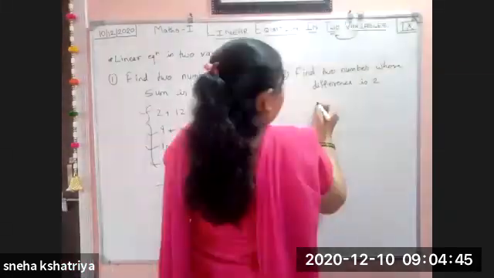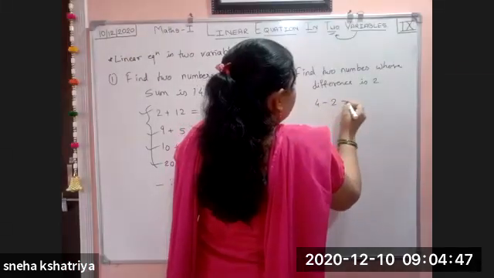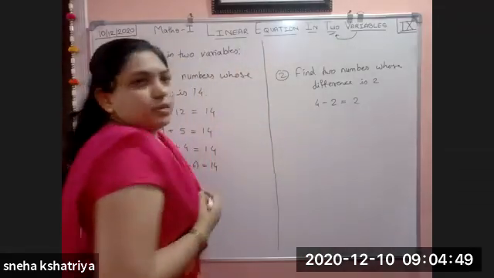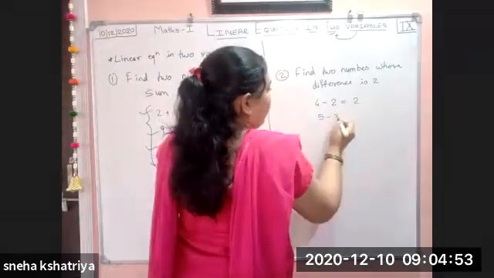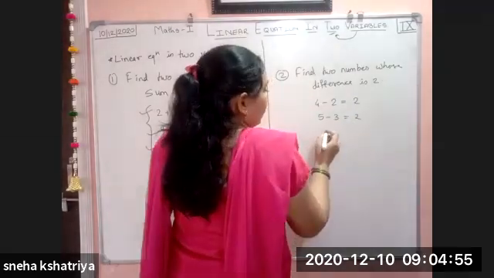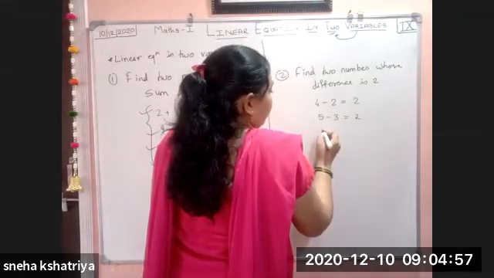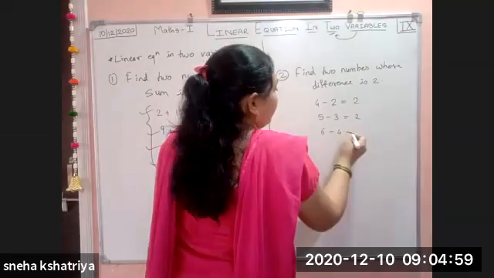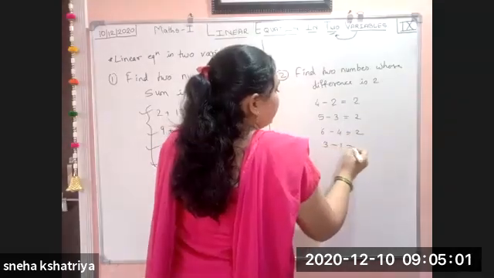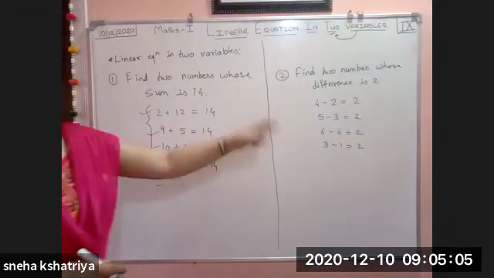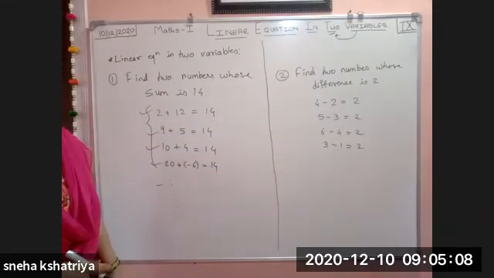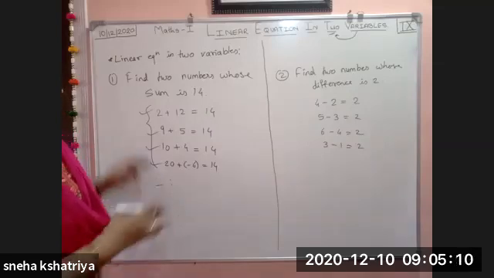For example, 4 minus 2 is 2. Difference means subtraction. So 4 minus 2 is 2, 5 minus 3 is again 2, 6 minus 4 is again 2, 3 minus 1 is again 2. So there are so many numbers whose subtraction becomes 2.